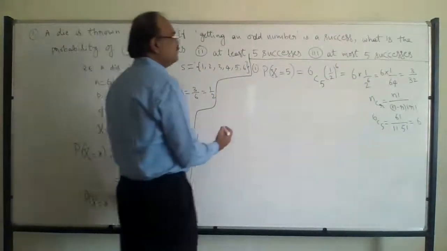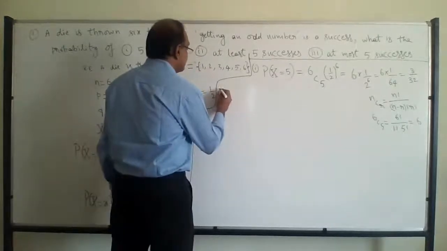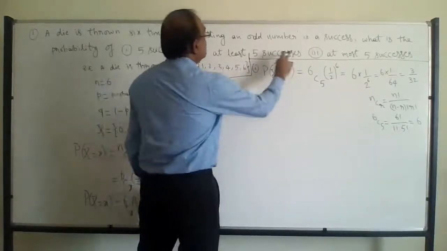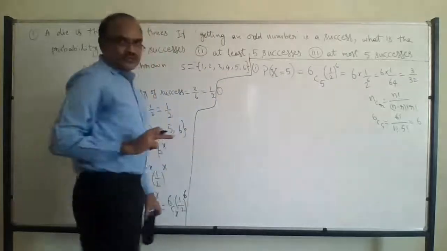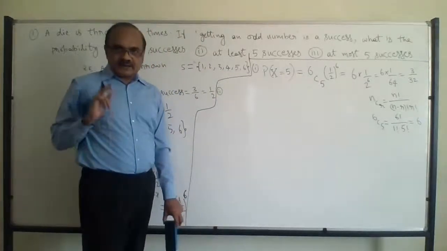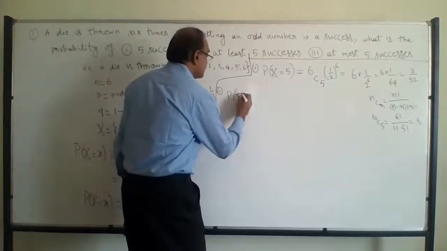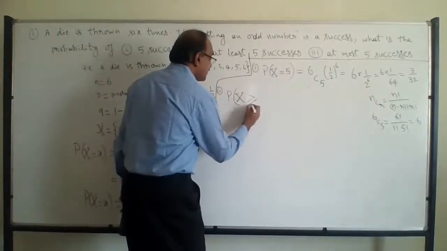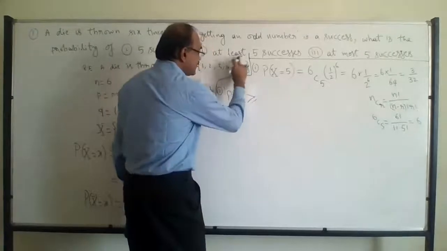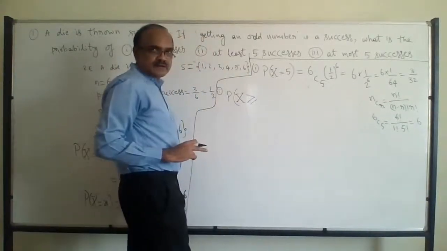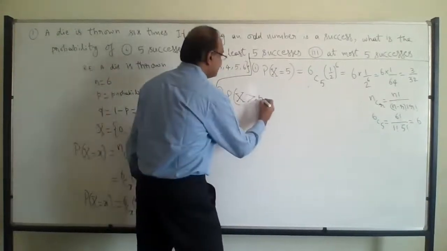Now the second one. What is the second one? At least 5 successes. You need to be paying attention to this. In random variables also we have seen, at least means what? Your random variable should be greater than or equal to. Whenever you use the words at least, it is a symbol: greater than or equal to 5.